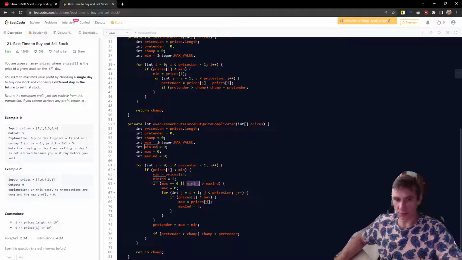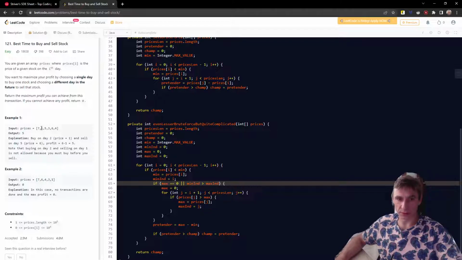So that covers the time travel case, where the day when we buy can be after the day when we sell. And that way we don't need to iterate all the time to find the maximum after the minimum index.